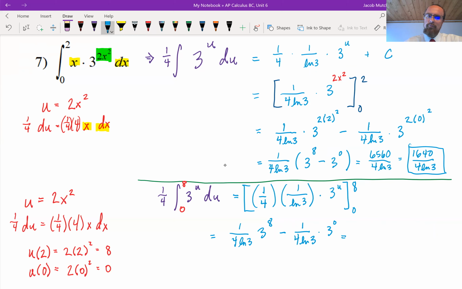Once I factor 1/4 natural log of 3 out, we can recreate that. That's 1/4 natural log of 3 times quantity 3 to the power of 8 minus 3 to the power of 0. And that's going to give us the same simplified response, 1,640/4. Oops, let me make a correction. That 4 canceled, over natural logarithm of 3.